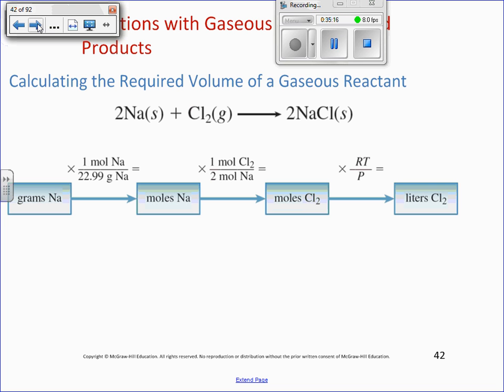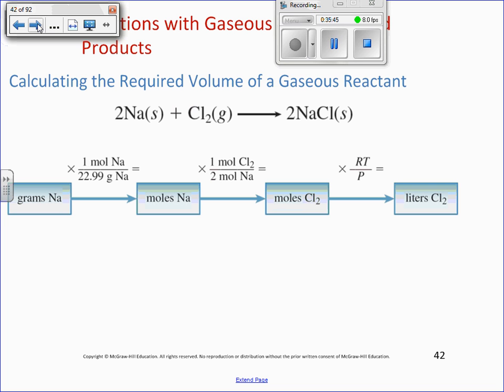Let's look at it step by step. I'm taking sodium plus chlorine, 2 and 2. So there's my balanced equation. So, if I'm starting with grams of sodium, I want to know how much chlorine to add to do the reaction.